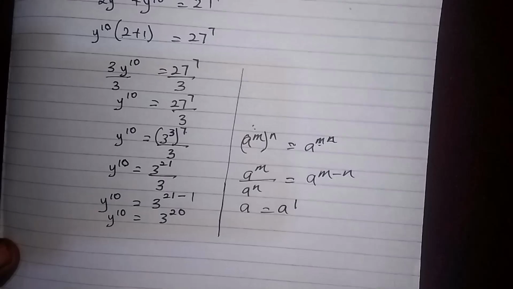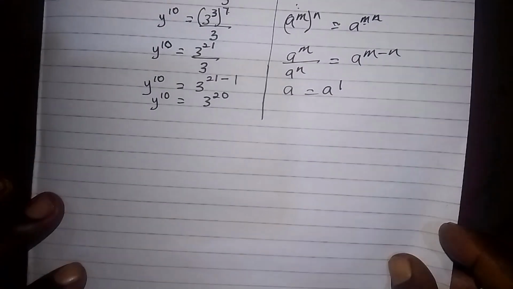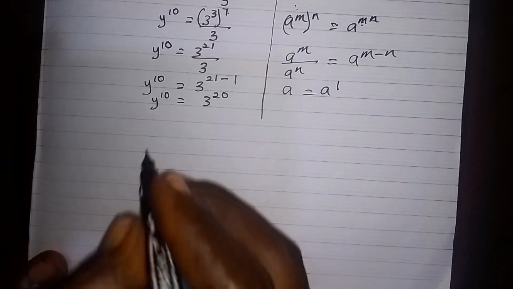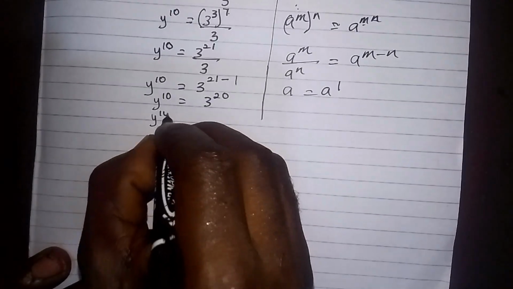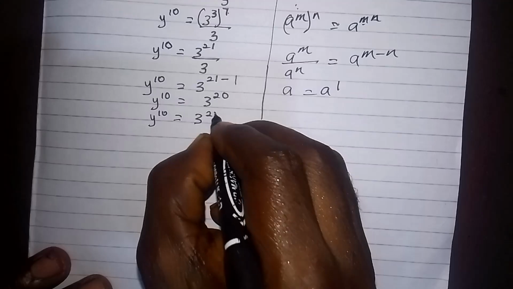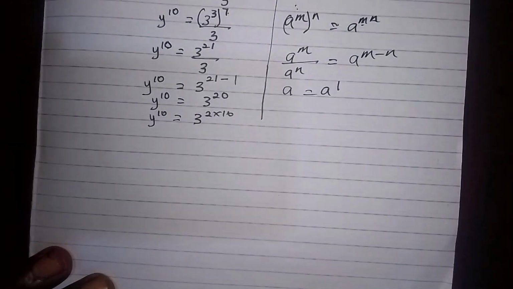From this, I can simplify 20 here, to give us y to the power 10 equals 3 to the power 20, and 20 is the same as 2 times 10.